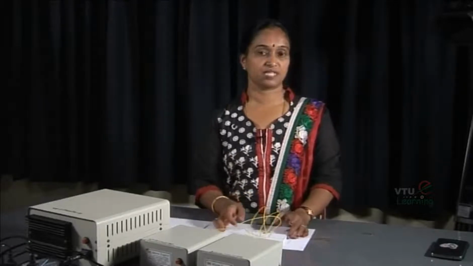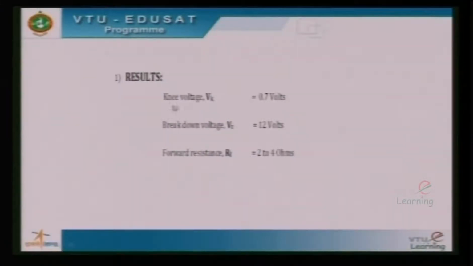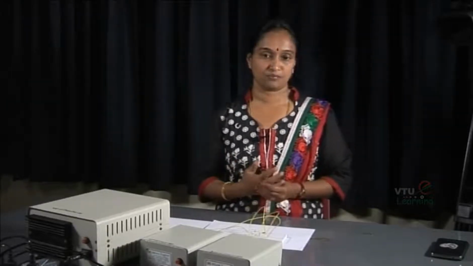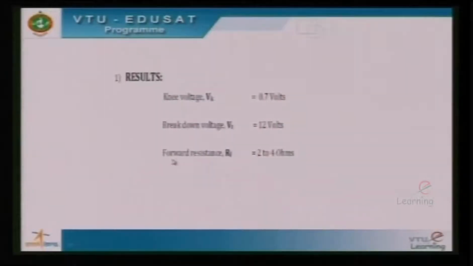So, results of the experiment are knee voltage, which signifies the barrier voltage across the junction, and the breakdown voltage comes around 12 volts, because for this particular diode the doping concentration is such that it gives a breakdown at 12 volts, and forward resistance comes around 2 to 4 ohms.